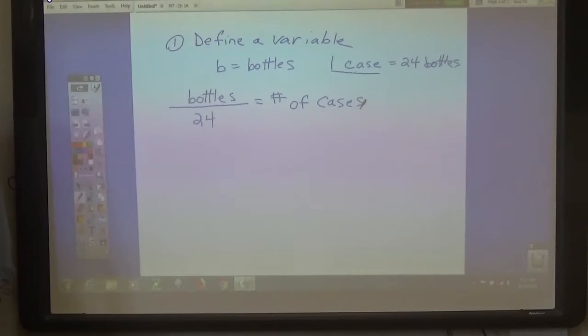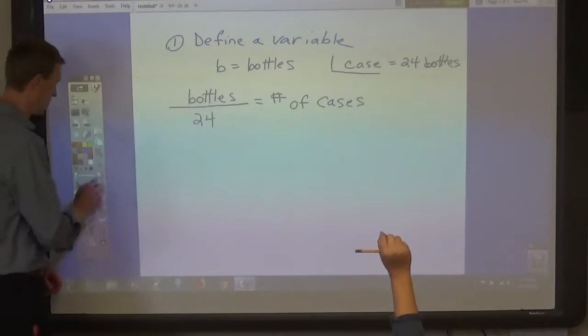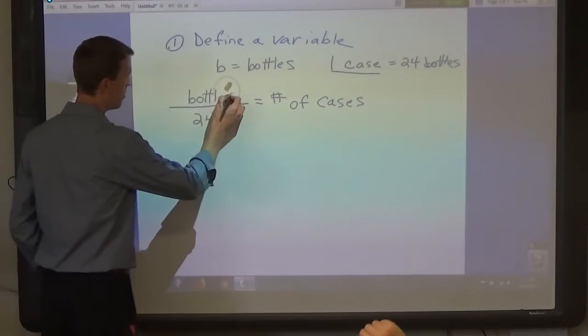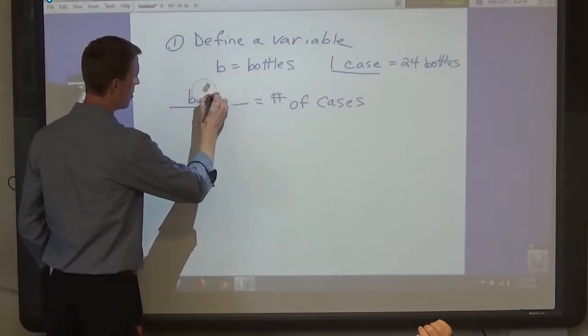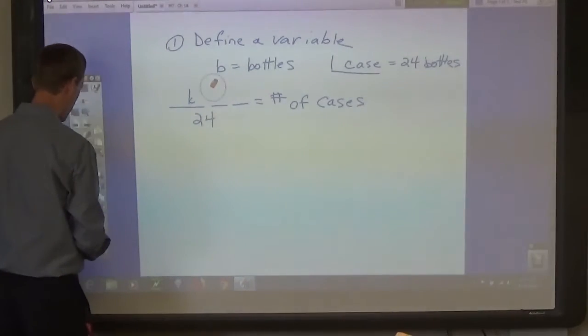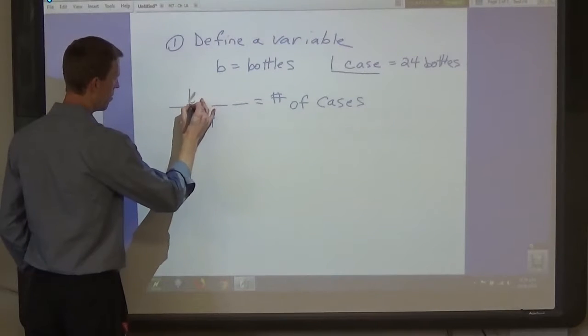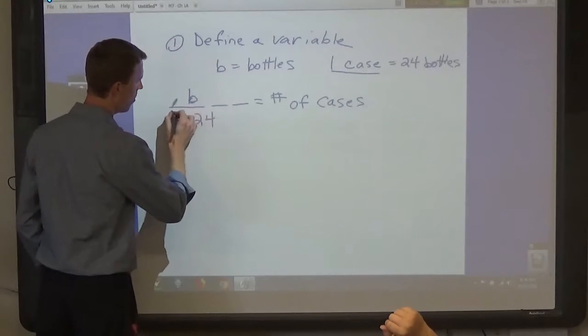Now it says, what if they have 120 bottles? How many cases is that? So what would we do with this expression? This is our expression, B bottles. So B divided by 24.